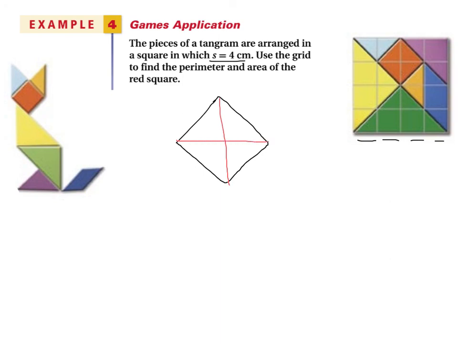So there's my red square. Horrible picture, but there it is. We know that each of these are 1. So we know this is a 1, 1, root 2 triangle. Now you could also use the Pythagorean theorem to prove it's root 2. So we know each side is root 2. That means the perimeter, if we added up root 2 four times, would give me 4 root 2 centimeters.